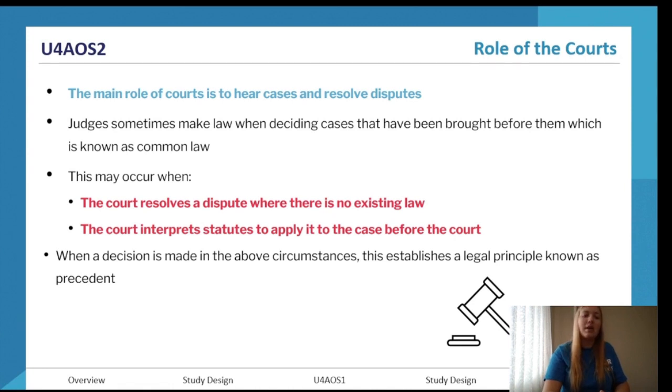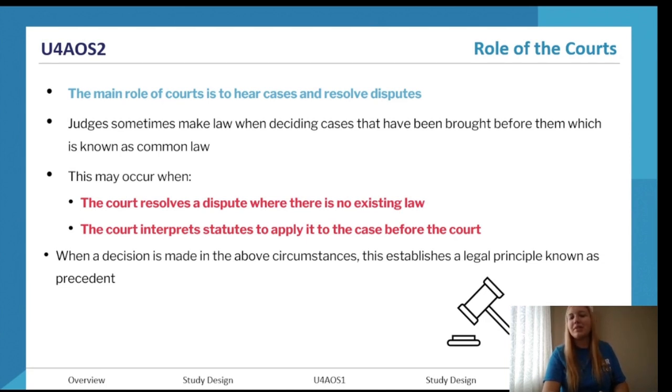When does it happen? If the court resolves a dispute where there is no existing law, no applicable law, essentially they decide what the best principle to apply could be, and they might be using persuasive precedent, which refers to decisions in other countries or other jurisdictions, so maybe from a different state, that have been applied to similar cases. They might draw on those to decide, okay, I see what happened in England.